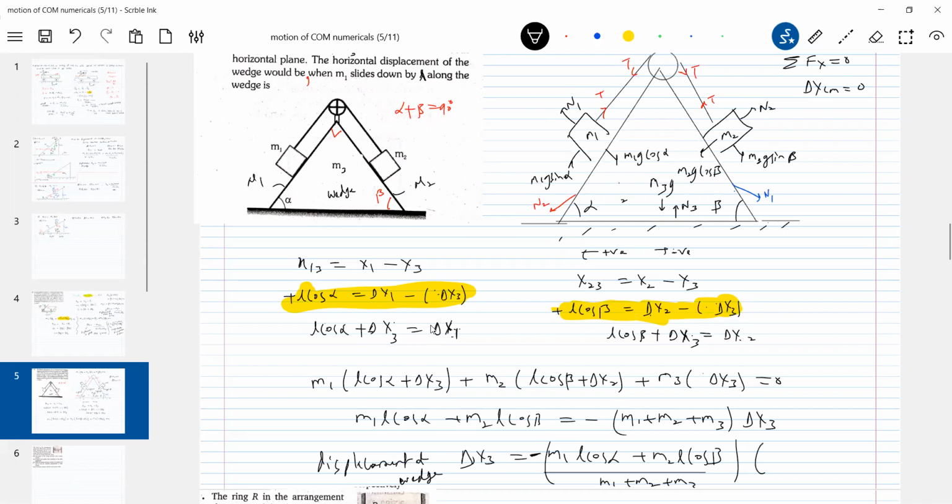So this answer is applicable whether mu1 is zero or mu1 non-zero, mu2 zero or mu2 non-zero. Of course, in the free body diagram, if you make the inclined plane rough, you have to bring friction also. But the net force along the x-axis will still be zero.